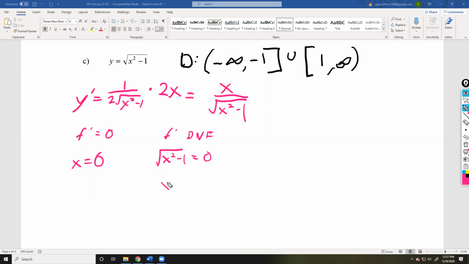That's going to be 0 when the thing inside the square root is 0. And you can either add 1 and take plus or minus, or you can see that this is going to factor into x plus 1 times x minus 1. Either way, you should get x being plus or minus 1. X is positive 1 or x is negative 1.